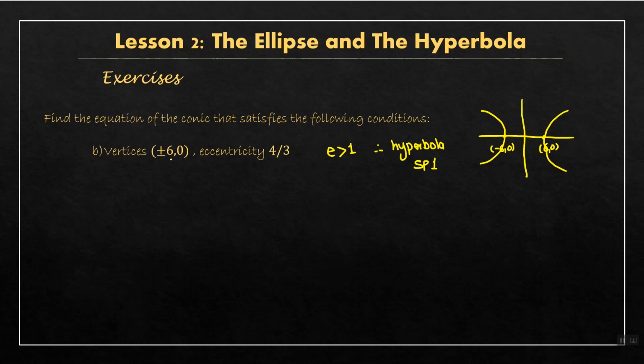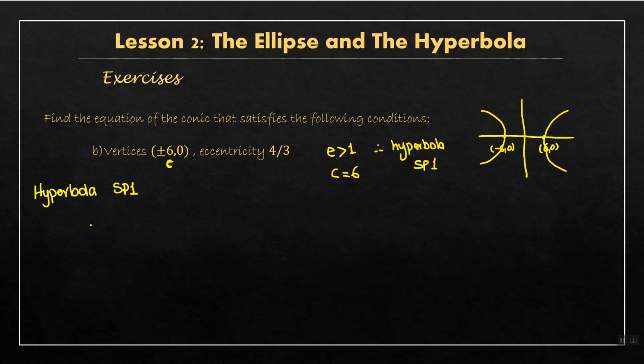What is the equation of the standard position 1? This number here, guys, is the vertices, so this is C. So C is equal to 6. We know that it's a hyperbola, and we know also that it is from the standard position number 1.